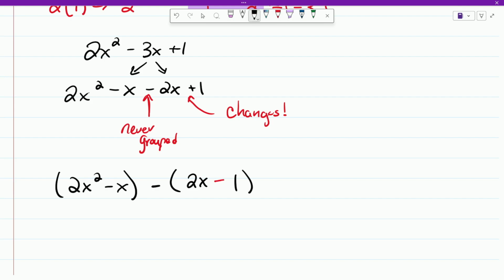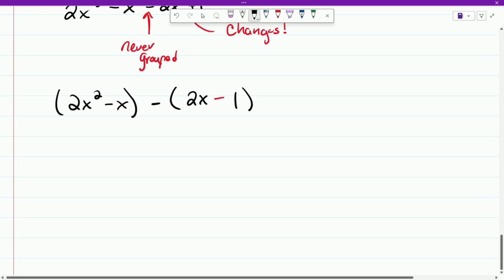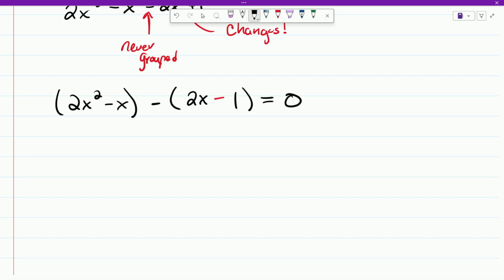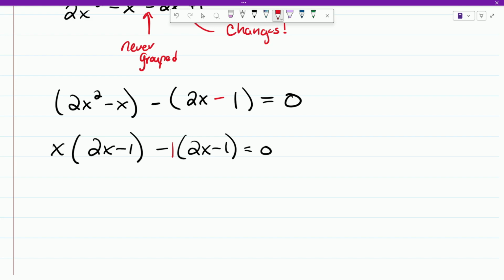Okay? Now we go ahead. Remember, this is set equal to 0. We will go ahead and find our mini GCF for each grouping. So in the first group, it's going to be x. That gives me 2x minus 1. In the second grouping, there is no GCF, and that's fine. This is still equal to 0. Now remember, there is a 1 right here.